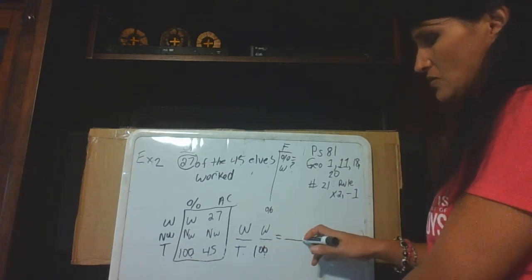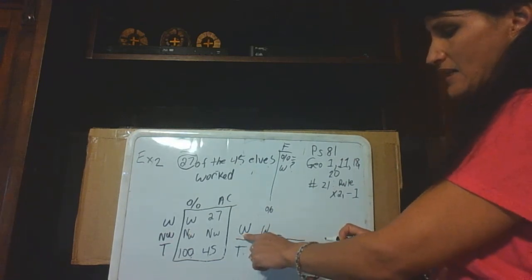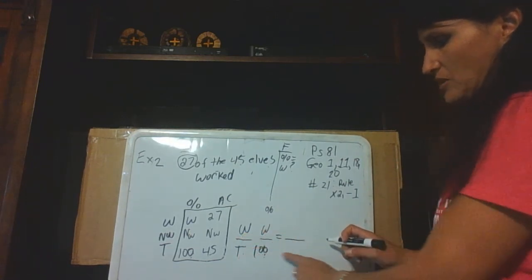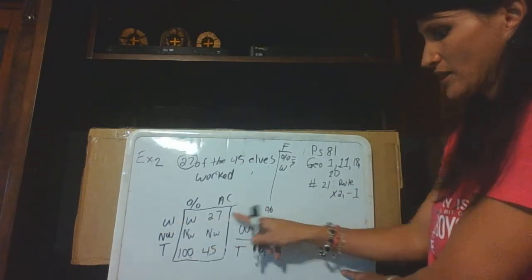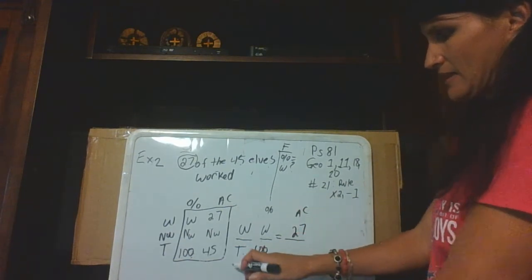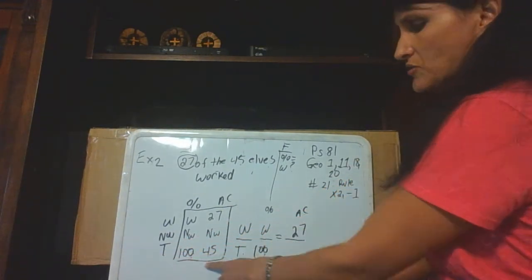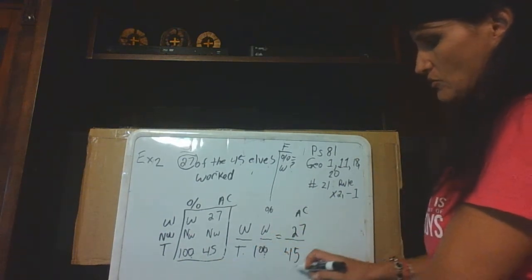Then you say equals. Now on the right side, these have to be W's and these have to be totals. So go into your W column. The actual count is 27. Okay. And go into your total column. The actual count is 45. So here is your proportion.